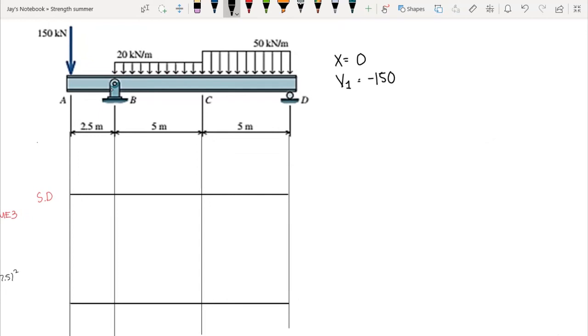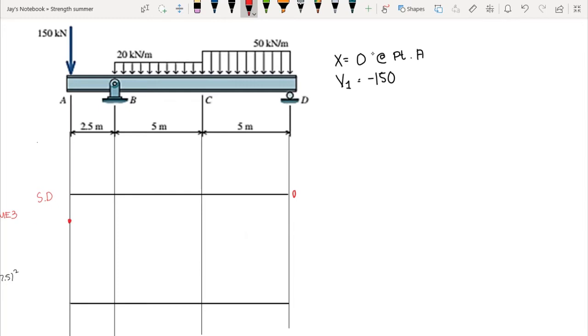Since we do not have a variable here and our x is raised to 0 degree, x raised to 0 is 1, correct? So our x would be eliminated. So our shear at x equal to 0, or at point A, is equal to negative 150. We plot that below the reference line. This is the reference line 0, so we have negative 150 below this one.